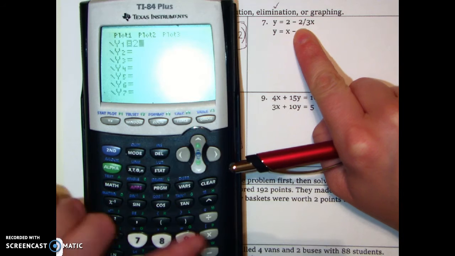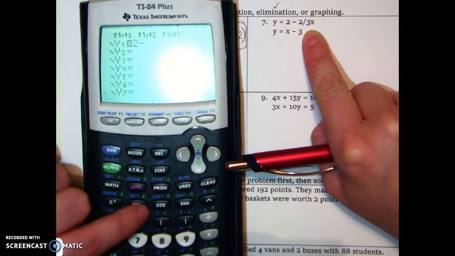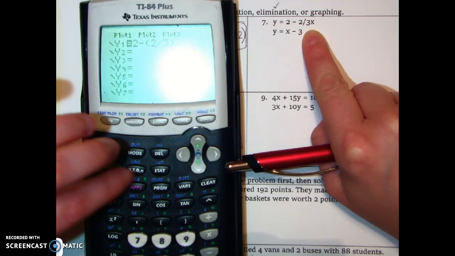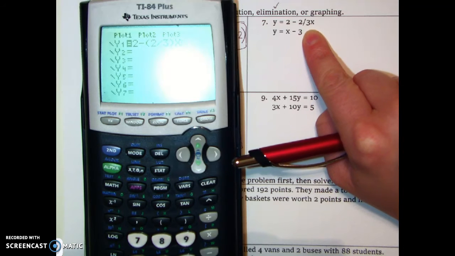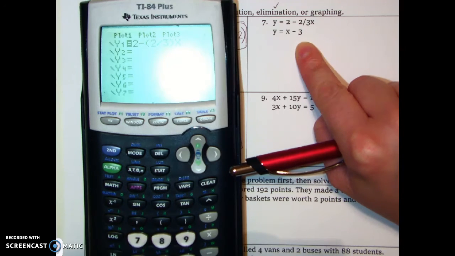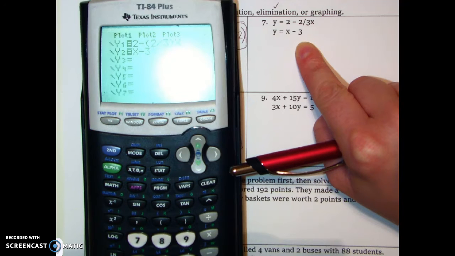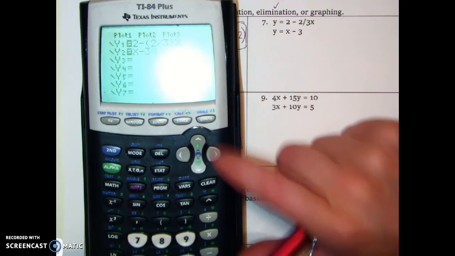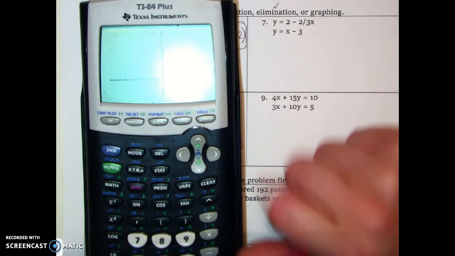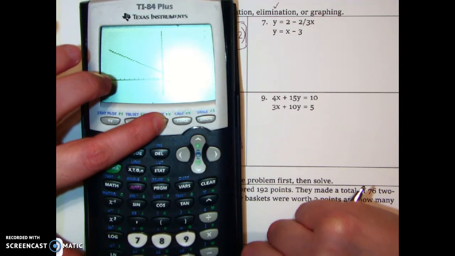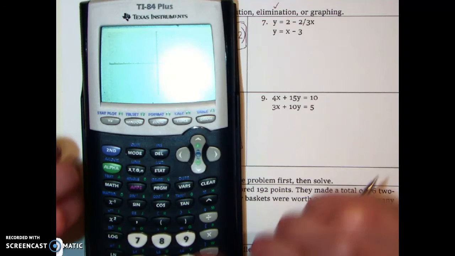So 2 minus, I'm going to put the 2/3 inside parentheses. And then the next one is x minus 3. And if you graph it, so hit graph. Oh, my zoom's a little off. Let me go to zoom 6 so I can get the right picture here.